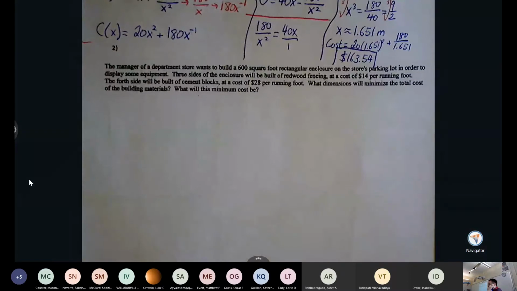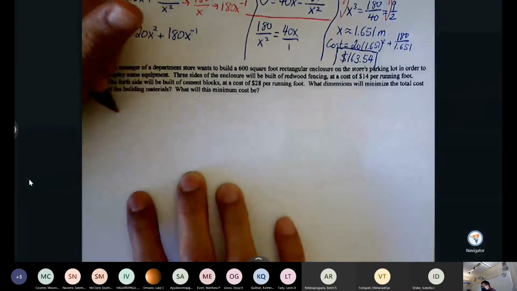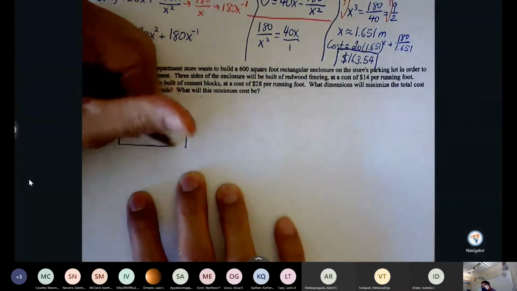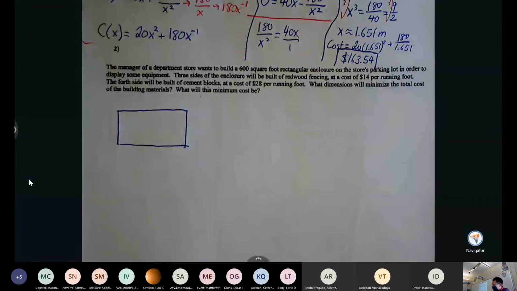Okay, so a manager of a department store wants to build a 600 square foot rectangular enclosure in the store's parking lot in order to display material. 3 sides of the enclosure will be built of redwood fencing at $14 per foot. The 4th side is built of cement block at a cost of $28 per foot.